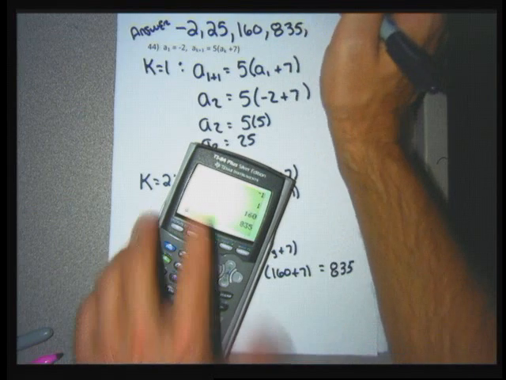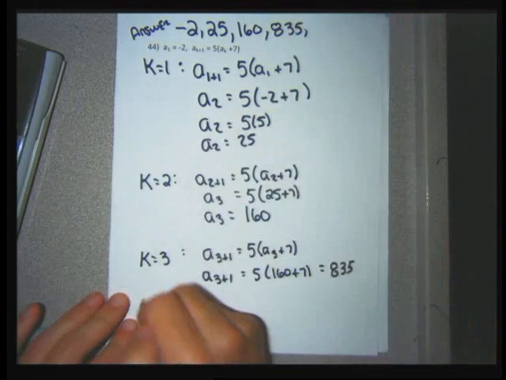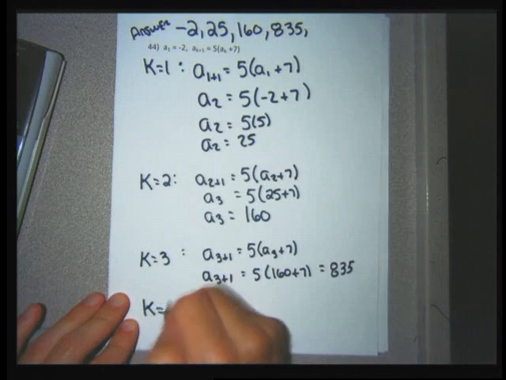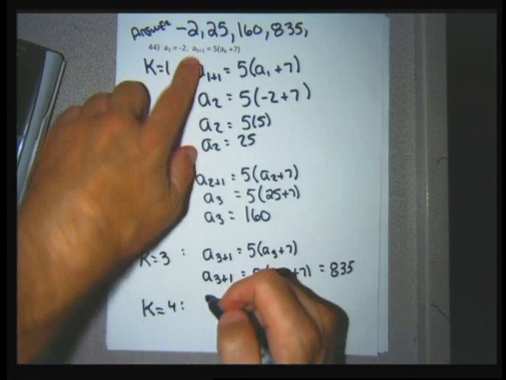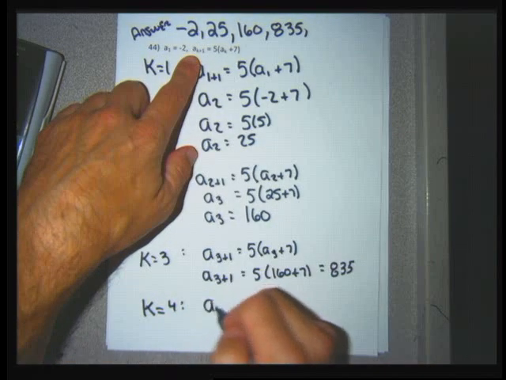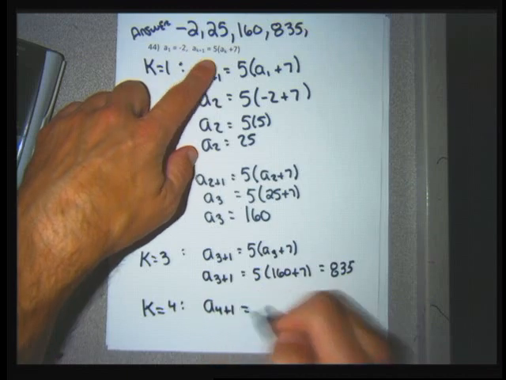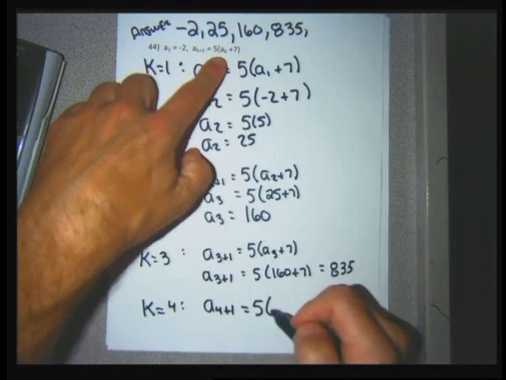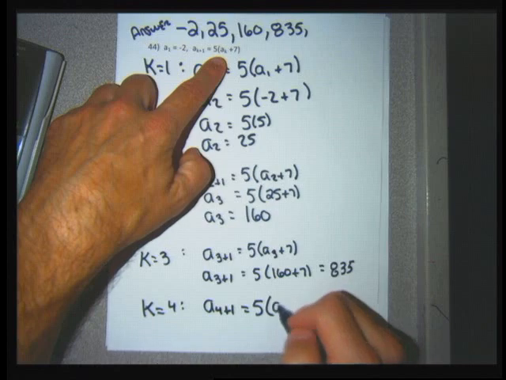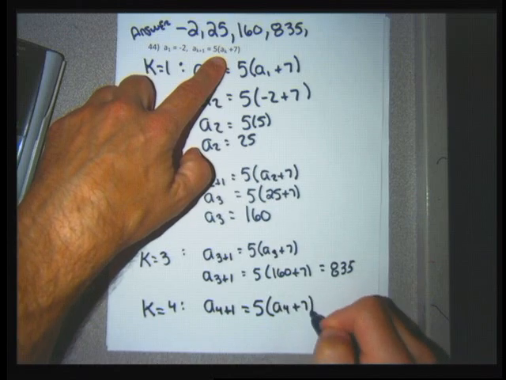I can't predict the fifth number, so I'm going to plug 4 in for k. And plugging in for that k, I get a sub 4 plus 1 equals 5 parentheses, and then plugging in for that k, a sub 4 plus 7.